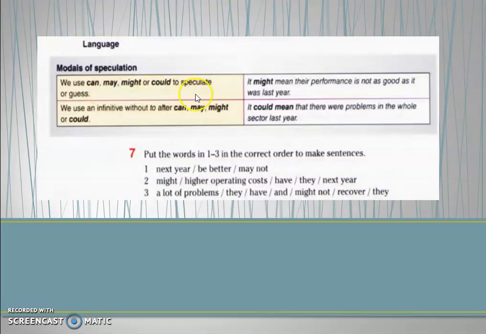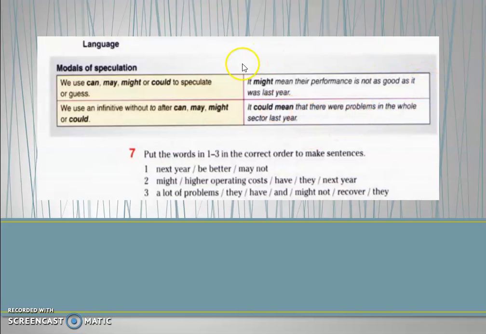You can guess or speculate. We use an infinitive without to after can, may, might, and could. So here it could mean. No need to change the verbs, and no need to put to. It could mean that there were problems in the whole sector last year.